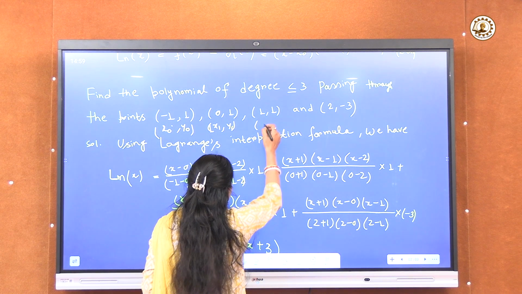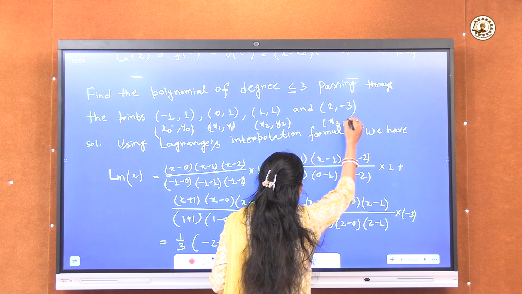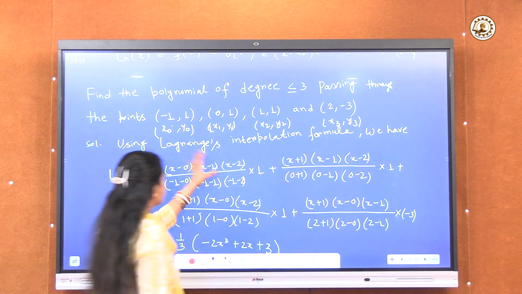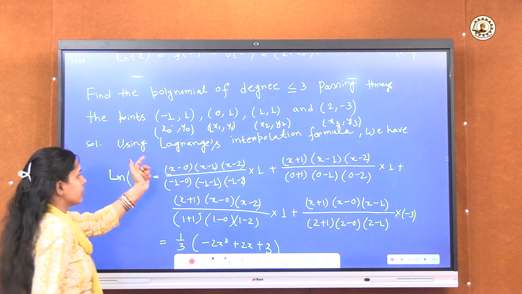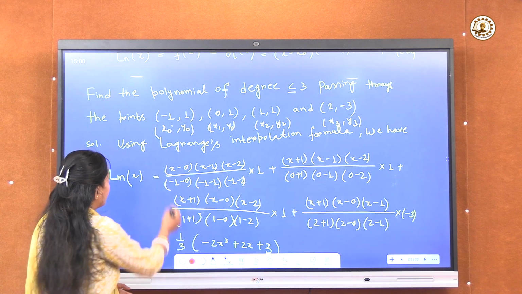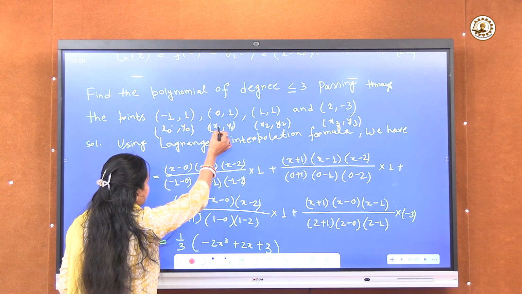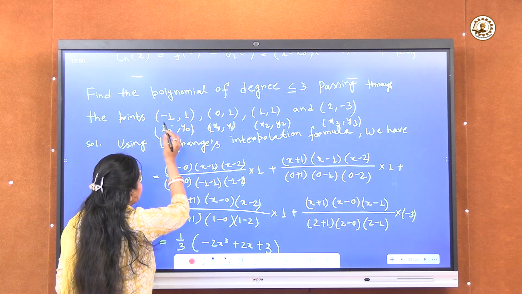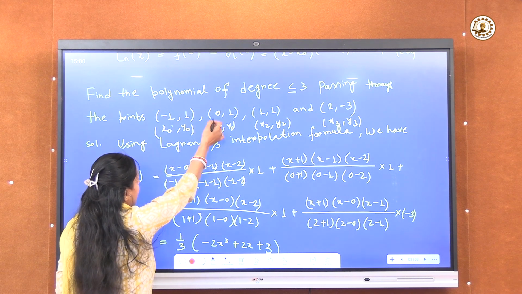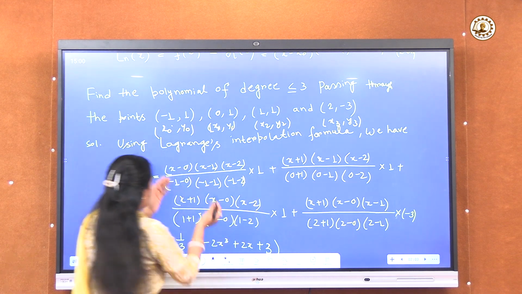At first we omit the x0 point, so the numerator is (x minus x1)(x minus x2)(x minus x3).